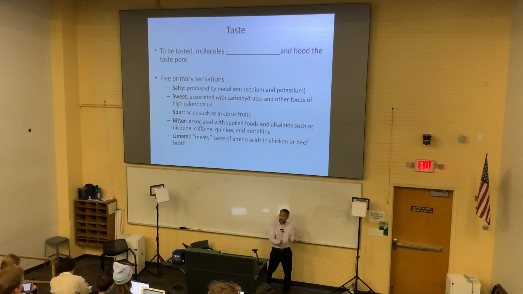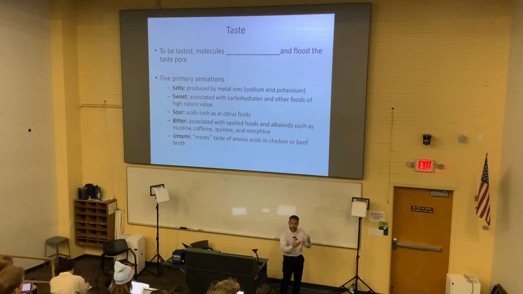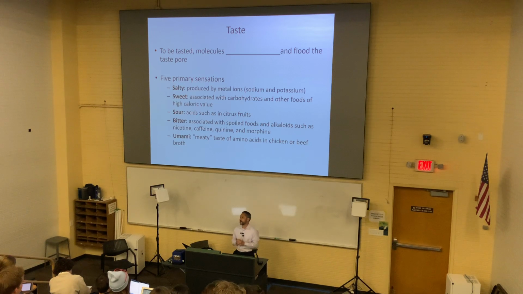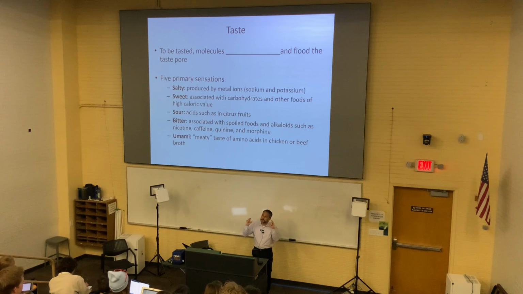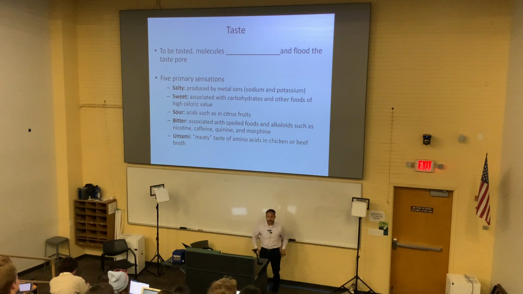And so it tastes salty because it has a lot of sodium. Well, if you ate potassium, it would also have that same kind of flavor. Sweet, associated with carbohydrates in foods that have high caloric value. So you're interpreting the chemical sensation of high carbohydrates, high sugar content, as being sweet.